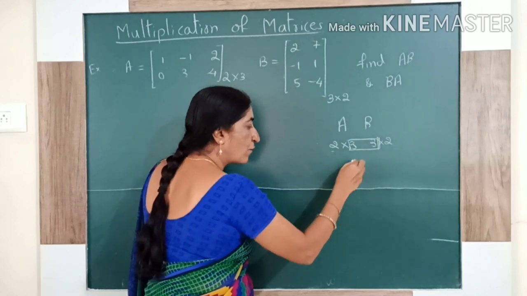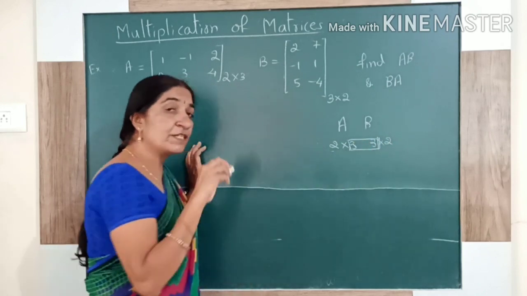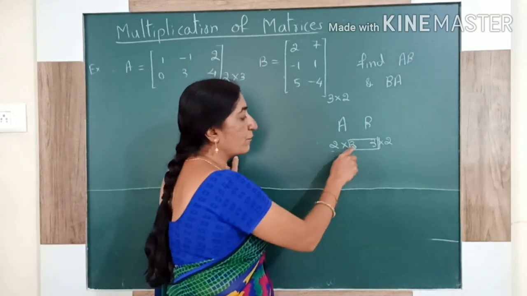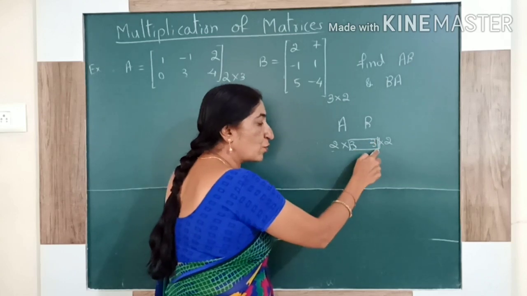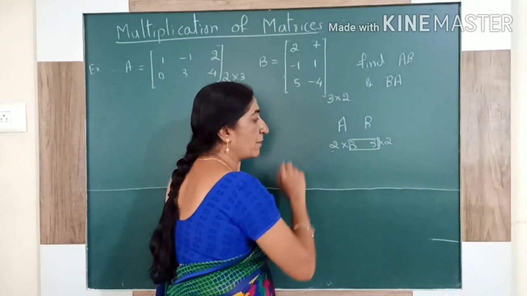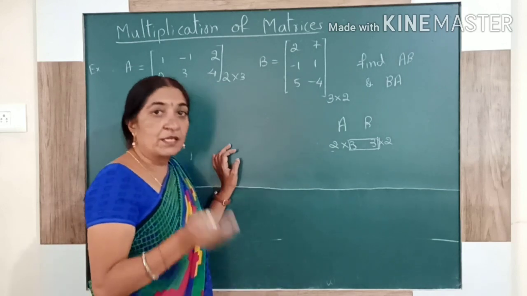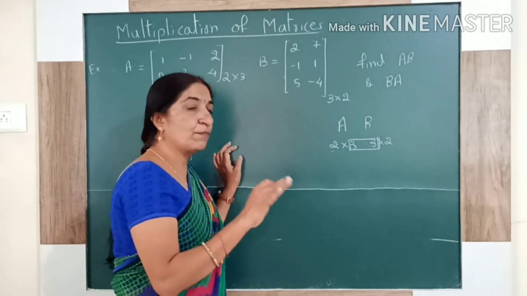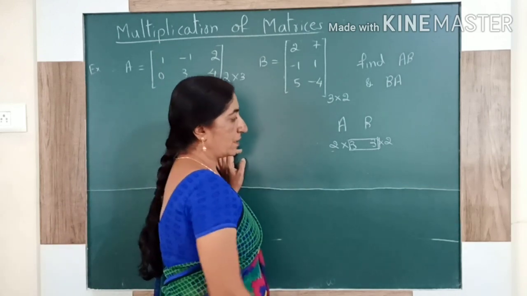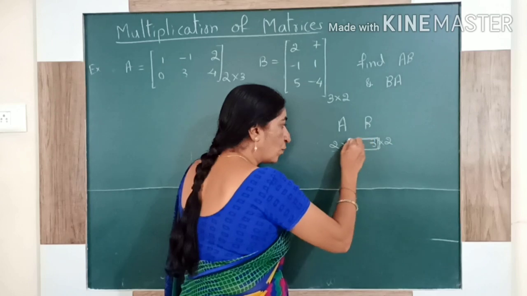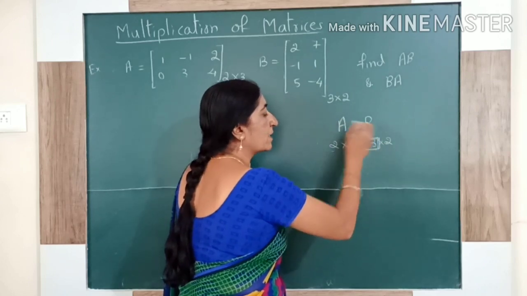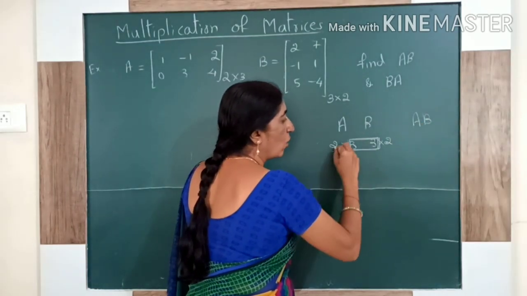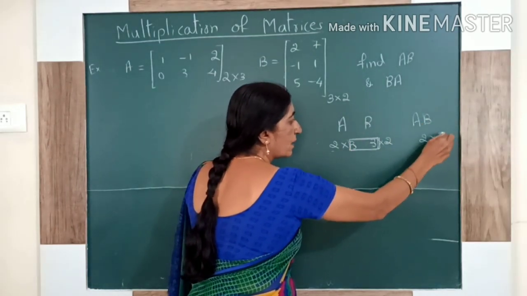That means the number of columns in the first matrix is equal to the number of rows in the second matrix. Listen carefully. If they are equal, then only you can multiply these two. And the resulting matrix AB has order 2 by 2.